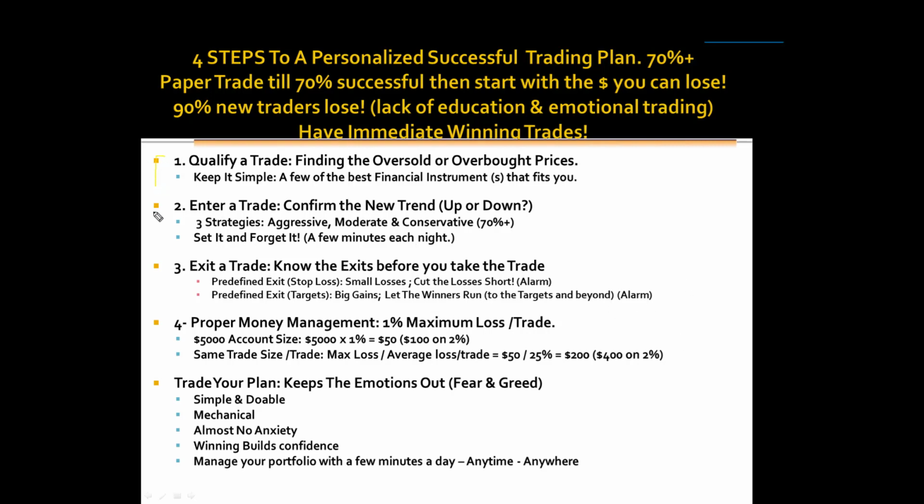So we have these four steps that we need to follow religiously. You have to make it so we can keep the emotions out. And remember, we are humans and we do have emotions of fear and greed. Especially when you work with real money and see profits going your way, that's where greed kicks in.